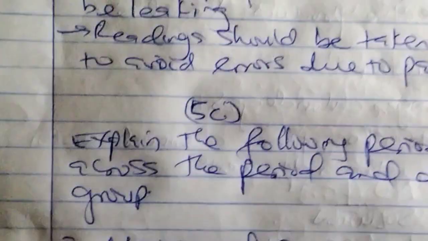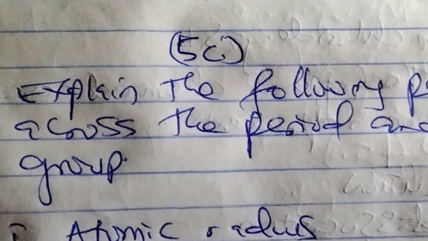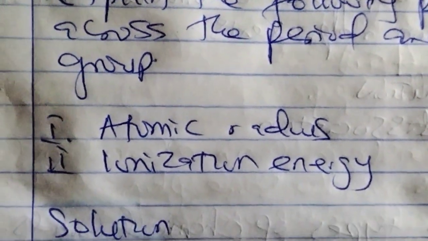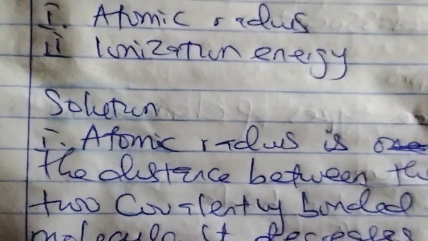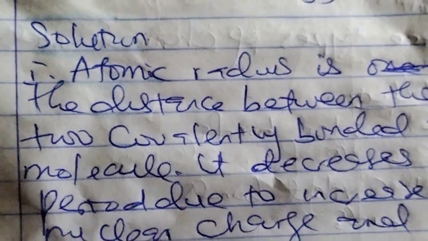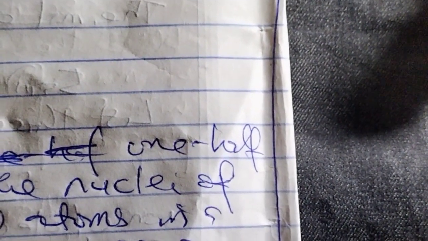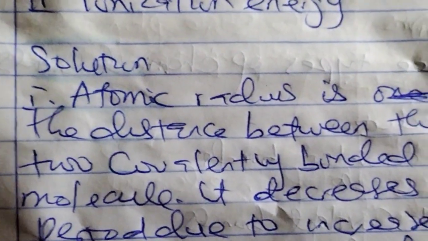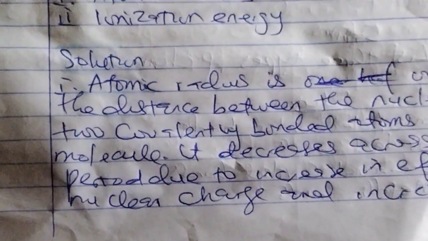So go to the next question. 5C. Explain the following periodic properties across the period and down the group: I, atomic radius; II, ionization energy. Solution: I, atomic radius is 1/2 the distance between the nuclei of 2 covalently bonded atoms in a molecule.